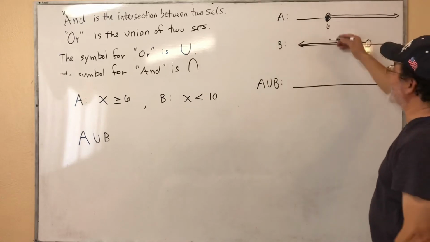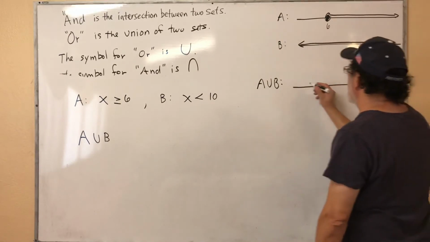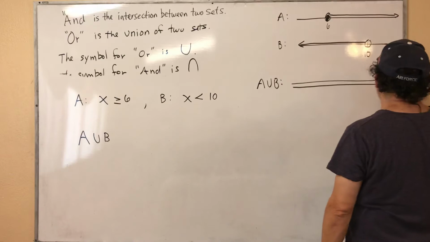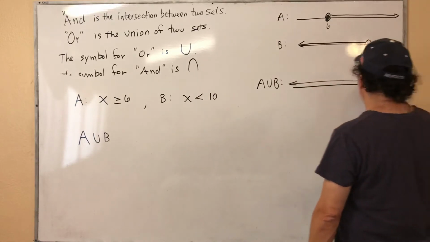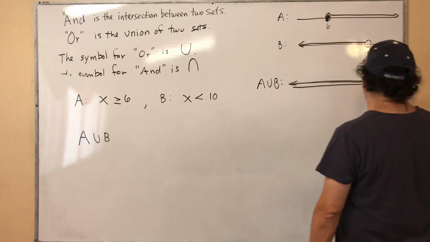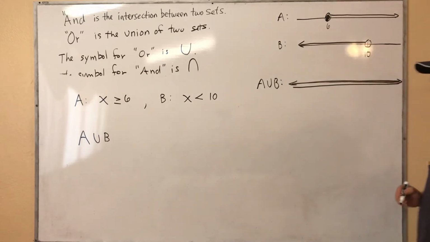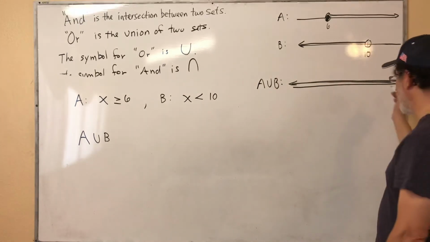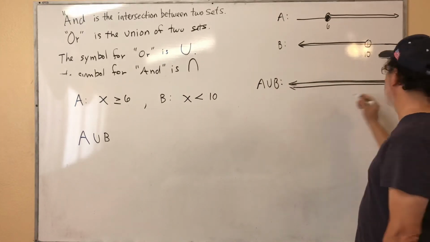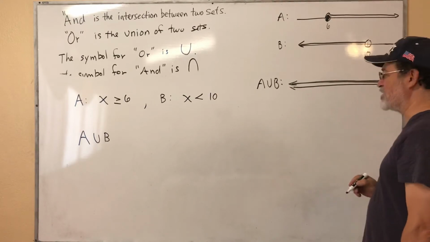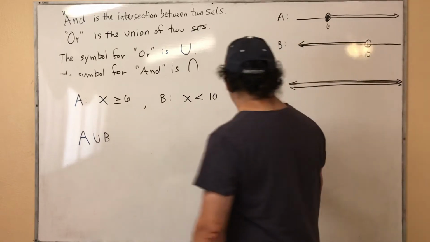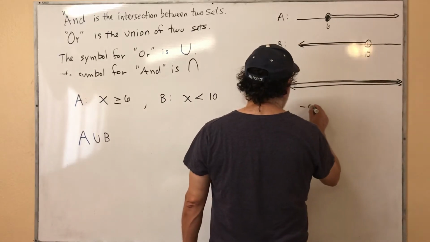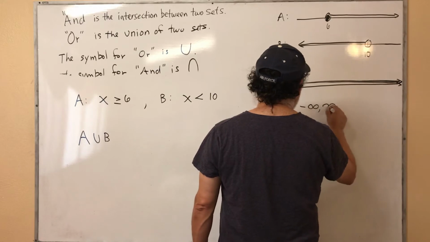The 6 gets listed one time. So therefore, here is the graph. Everything is shaded, guys. That's the answer. The entire number line is shaded. So in interval notation, the answer is from negative infinity up to positive infinity.